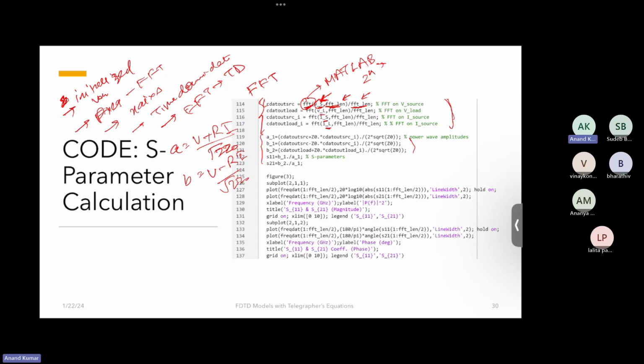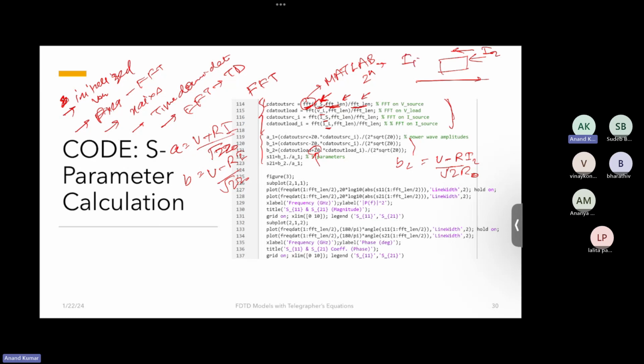You will see that I've changed the sign over here, because B2 had V minus R i2 by root over 2 R naught. The reason I changed this minus to plus is that, as I said, you have to notice that the I2 direction was towards the generator, and the direction we take as positive is the other direction.